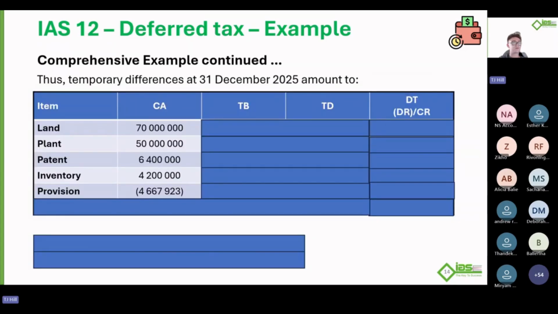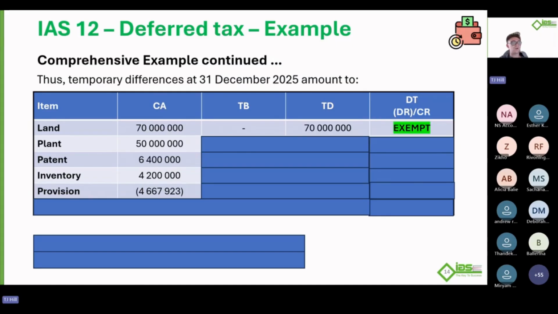So let's work through it. For the land, we said it's going to be recovered through use. No capital allowances are claimed, so my tax base is what? It's an asset. My future economic benefits will be taxable. Remember the little diagram. Therefore, future tax deductions will be my tax base. That is 0. Gives me a temporary difference. However, it is exempt. Why?